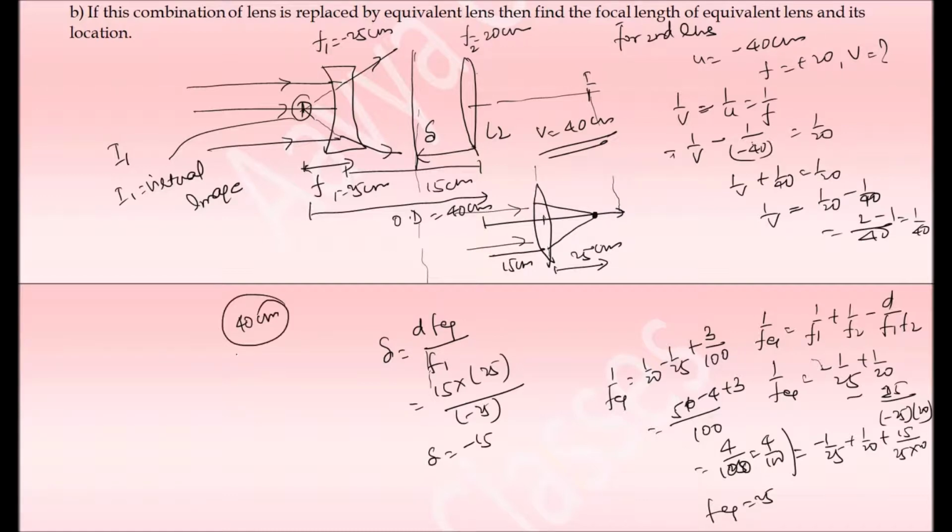So at 40 centimeter from the second lens, the image will be formed, as the parallel beam of light rays will converge at that point, and as the light rays are actually meeting at that point, we have one real image. And what will be the position of the equivalent lens? The equivalent lens will be placed at a distance of 15 centimeter from the second lens towards the right side.